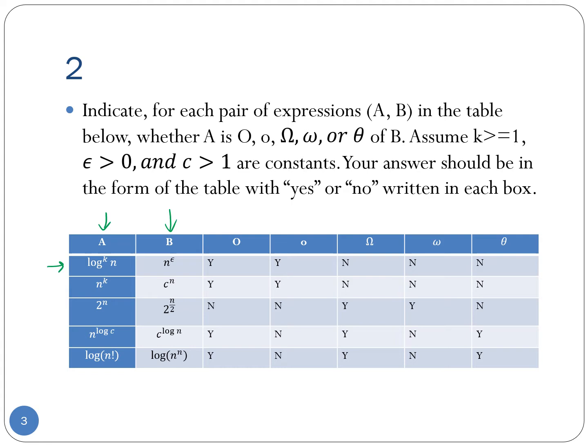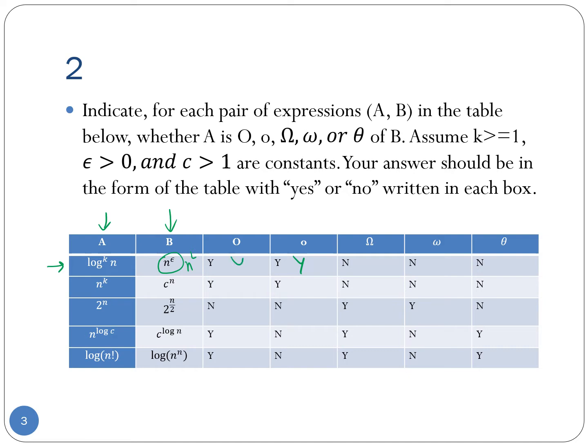Notice that any polylogarithmic function is always little o of a polynomial function. This n to the power epsilon is a polynomial function, for example n square, n cube and so forth. Given this standard result, log to the power k of n is going to be little o of n to the power epsilon.